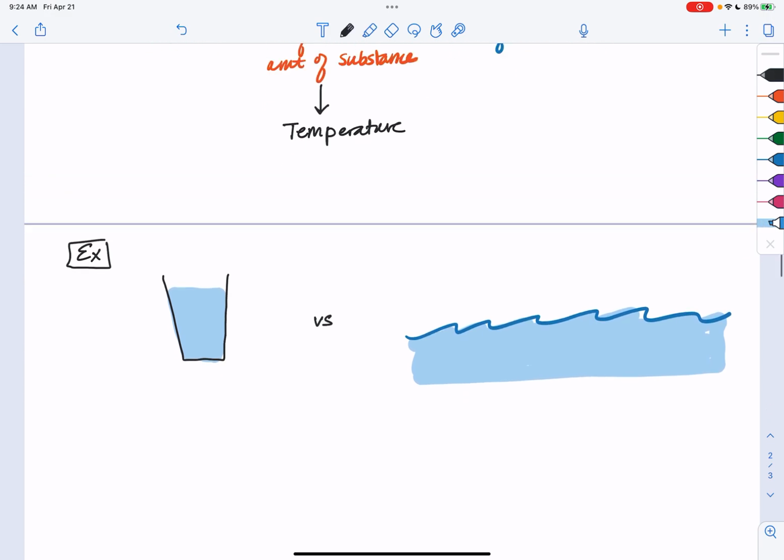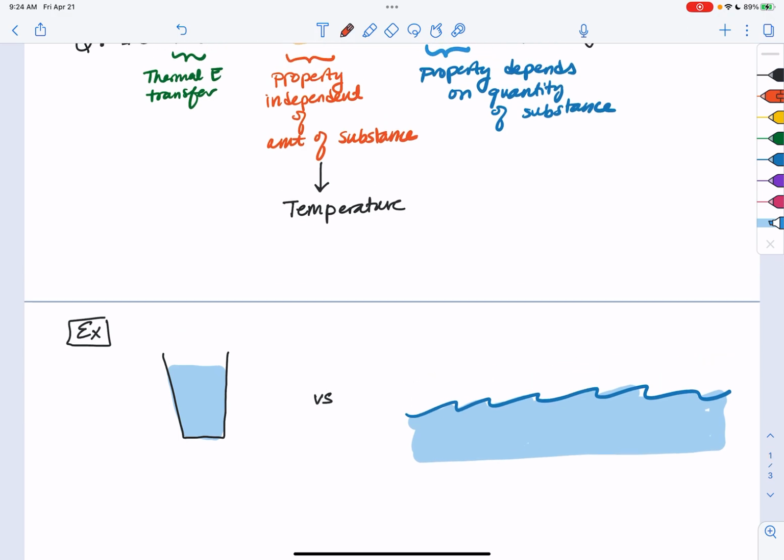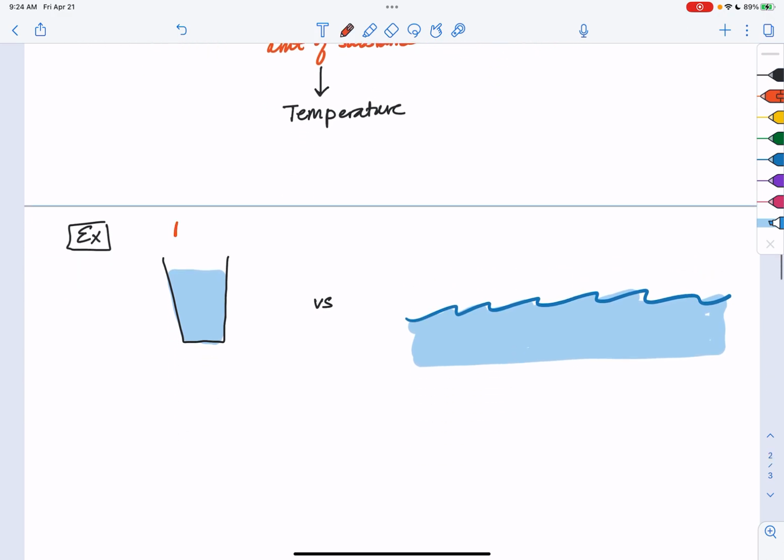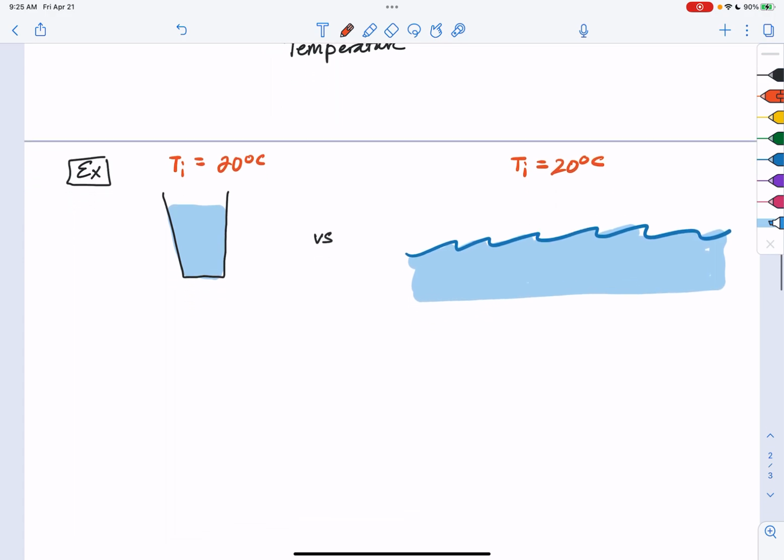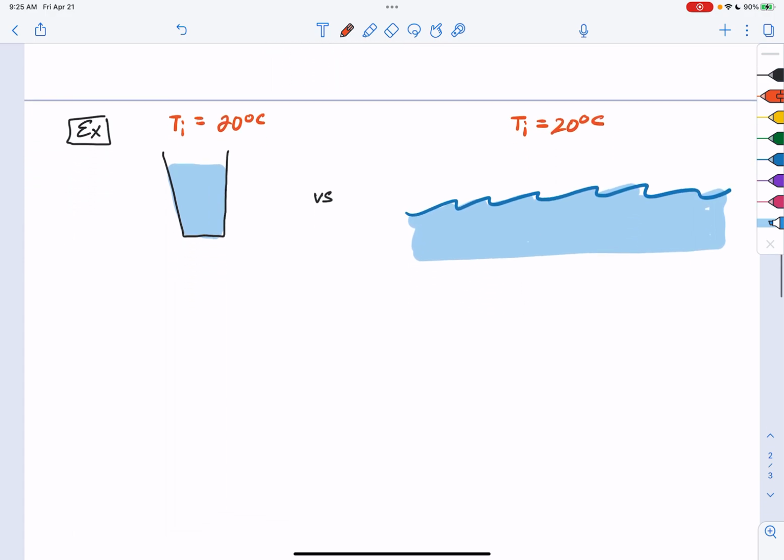So I might think about temperature, like some, let's say, initial temperature, an intensive property of both of these substances, as being, let's call them both at 20 degrees Celsius. However, what about heat?